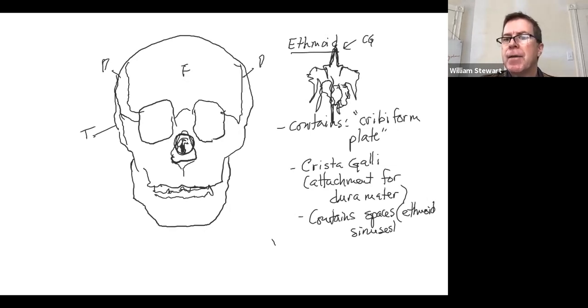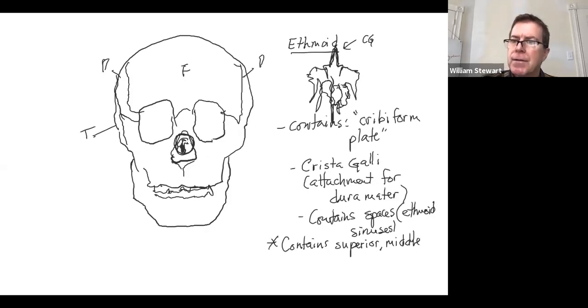And lastly, about the ethmoid, I do want you to know this. This bone contains the superior and middle nasal concha. That's plural.